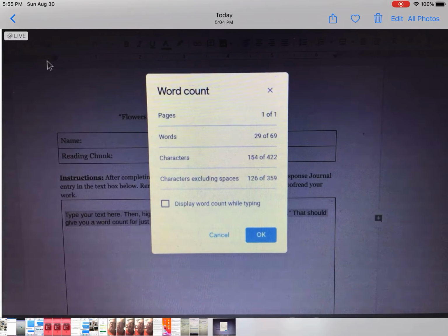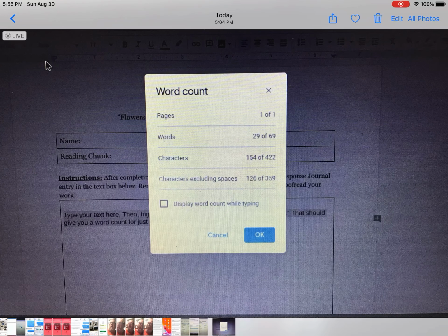After you click on Word Count, it's going to tell you how many words are in the highlighted portion. So what I highlighted is 29 words of the total 69 words that are in the whole document. We do not want you to count the words that are a part of the actual document itself. So you need to highlight only the portion of the paragraphs that you have written, and then you need to tell us the word count for that.